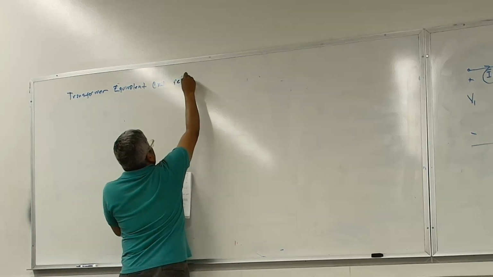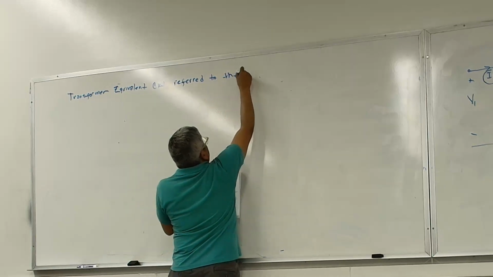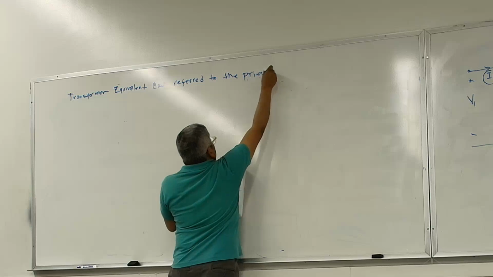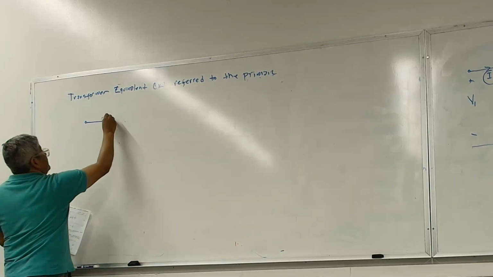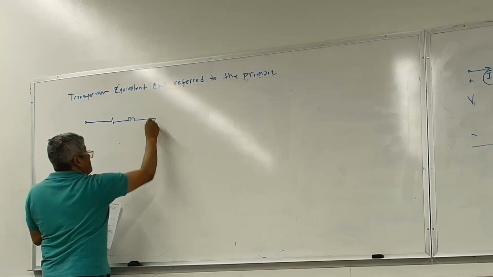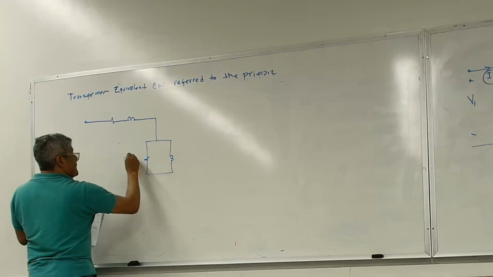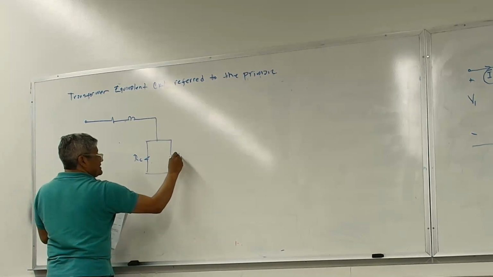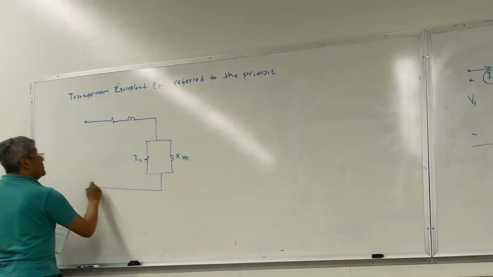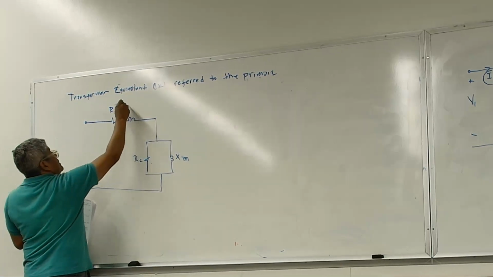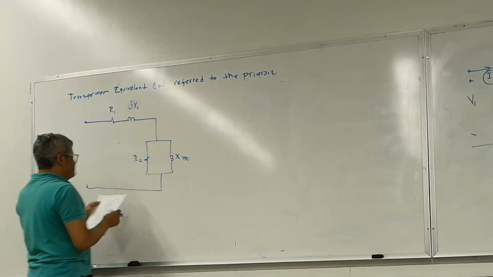Refer to the primary. Okay. Again, we have this: RC, XM, R1, JX1, sorry, JX1.